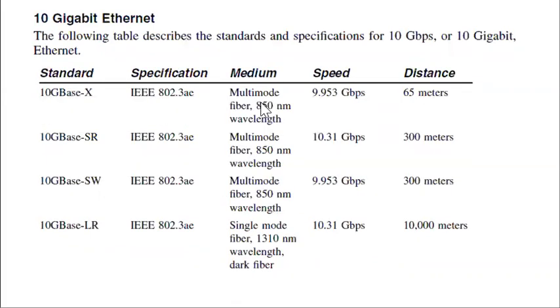Then you have 10 gigabit Ethernet again, which is 10,000 Mbps or 10 Gbps, or 10 gigabit, okay. So we write it as 10G, okay, 10G base X, okay, 10G base SR. Again, these are the specifications.